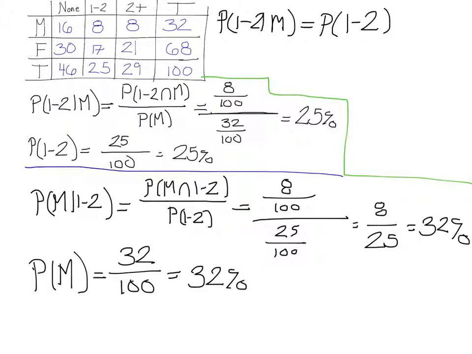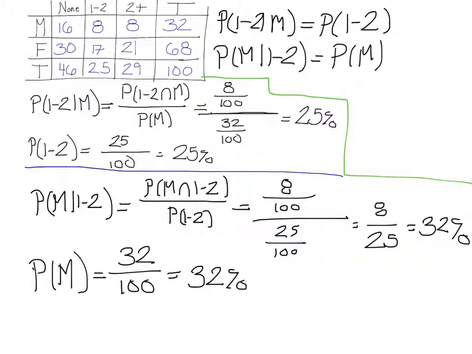Okay, in the same way, we also found that the probability that you were recorded as being male, given that you had 1 to 2 years of experience, was equal to the probability that you were male.